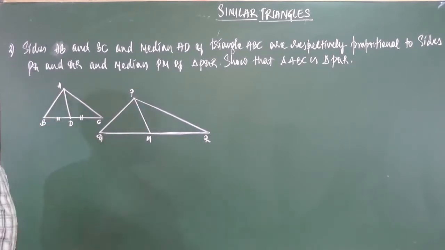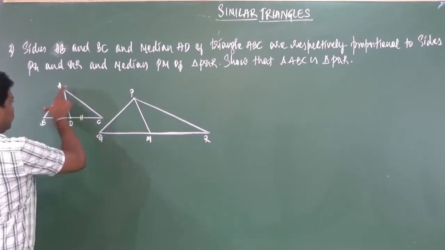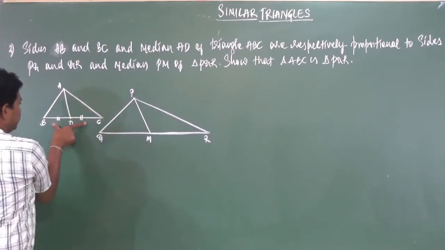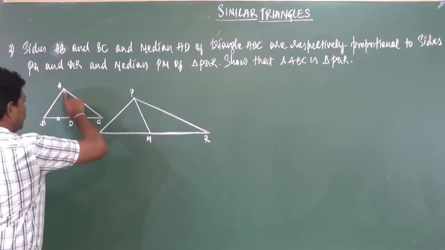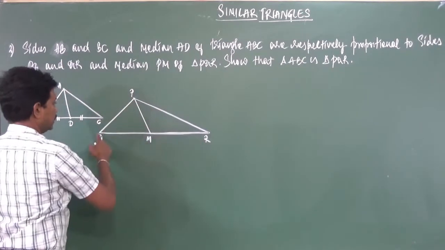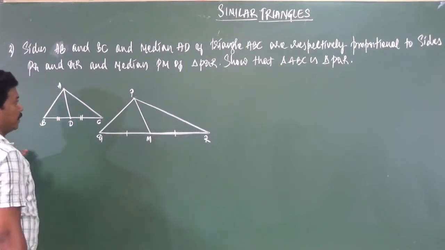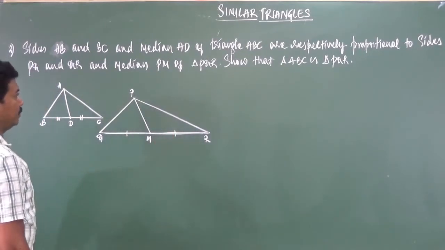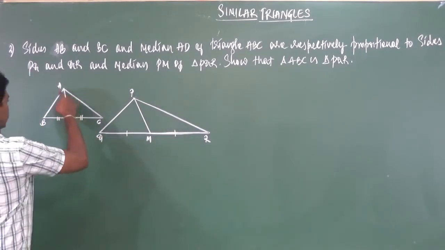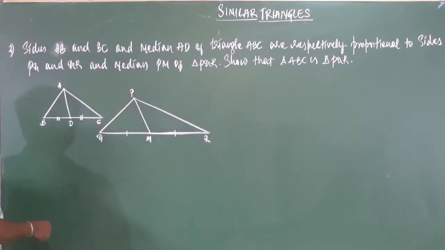The ratios are equal, that is, they are proportional. So here PM is the median of triangle PQR. So therefore QM will be equal to MR. Right. Show that triangle ABC is similar to triangle PQR.